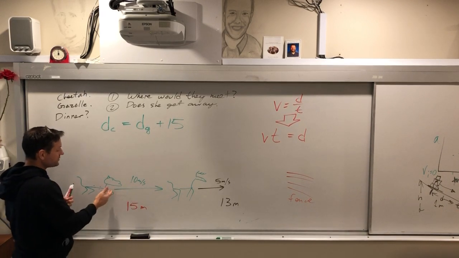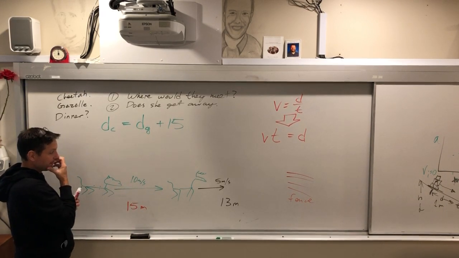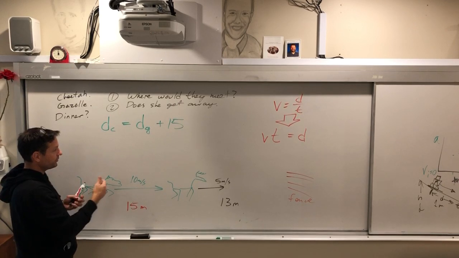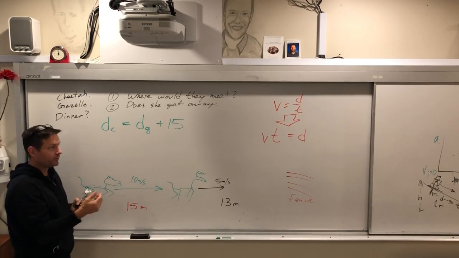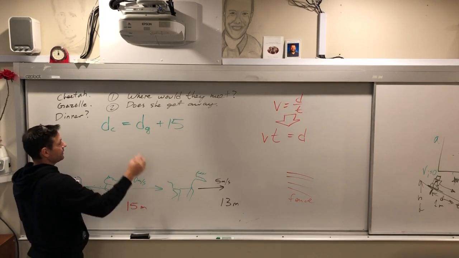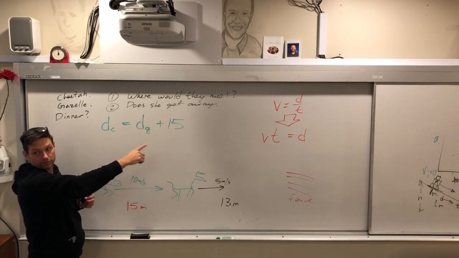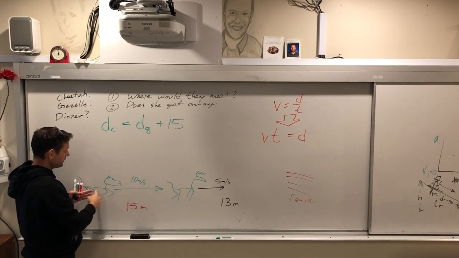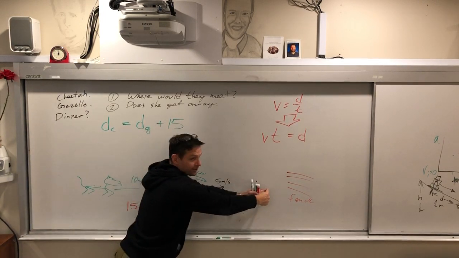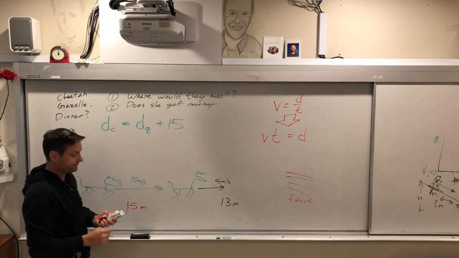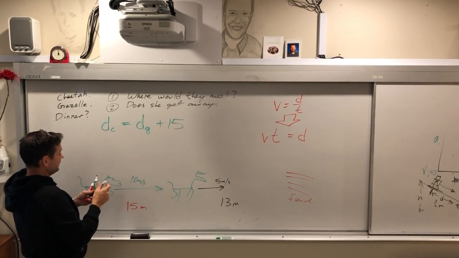So we know the velocities of these two animals. We don't know their displacements yet, but we want to find a place where when they meet, this is true. Because when they meet, that's when the cheetah will have traveled 15 meters more than the gazelle. All right.